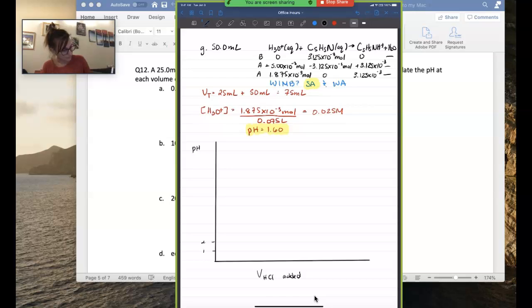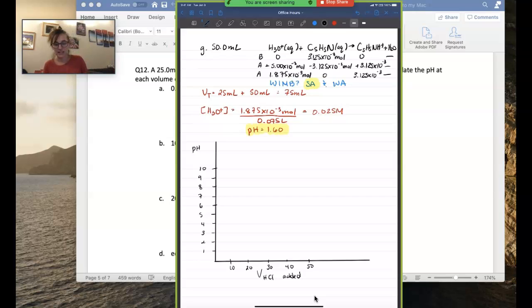And so, just drawing in the pH scale. And then we did 10, 20, 30, 40, and 50 mils added.